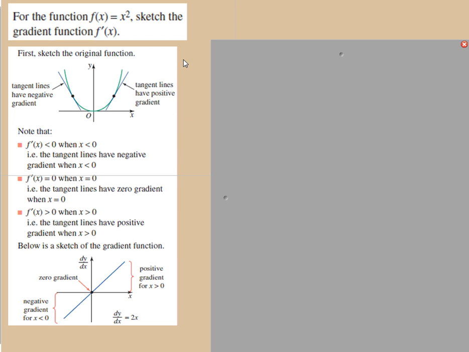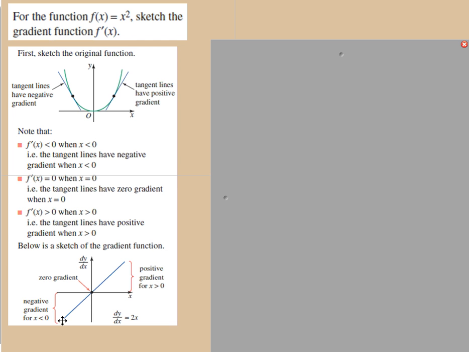Similarly, we saw when we looked at the graph of x squared, we can see for values of x less than 0, it has a negative gradient, and for values of x greater than 0, it has a positive gradient. Because its derivative is 2x, the shape of that graph is a straight line.